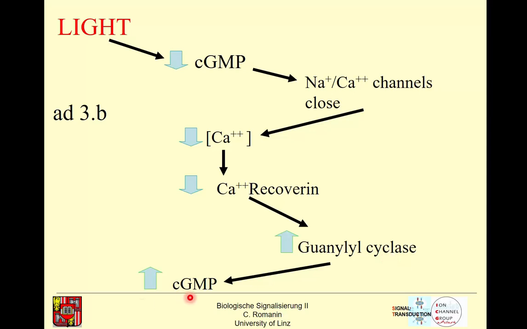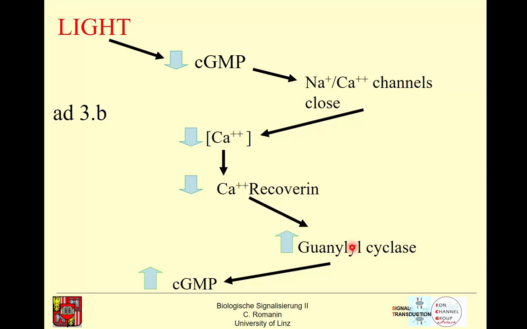So as you can see, very interesting, also a cyclic mechanism: when the light shuts down or closes the sodium calcium channels, and the light is now switched off again, we need to reopen the sodium calcium channels, and they can be reopened by an increase in the cyclic GMP concentration.